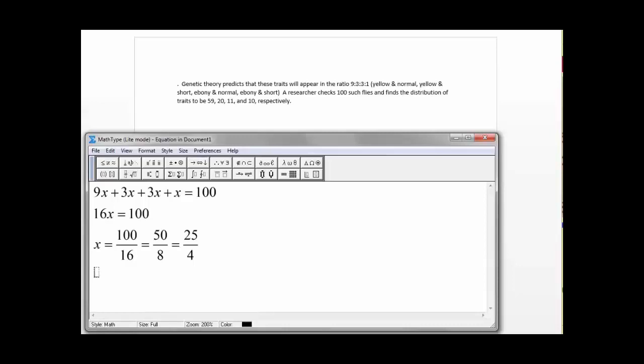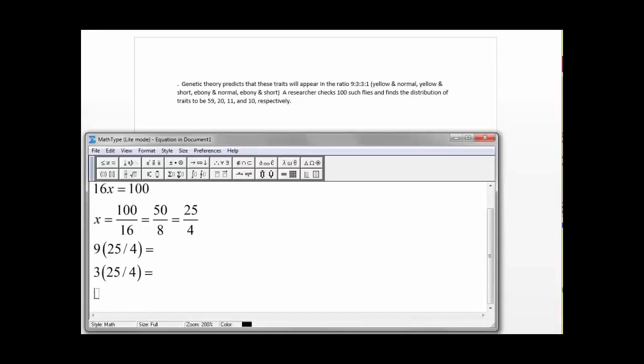So let's talk about that 9, for example. If I multiply the 9 by 25 over 4, that will tell me how many of the 100 I expect to be yellow and normal. And if I take the 3 and multiply that by 25 over 4, same thing.